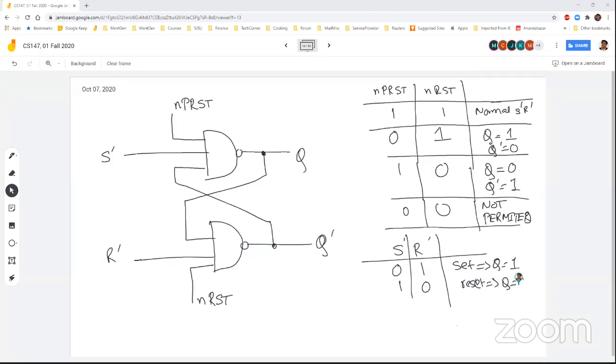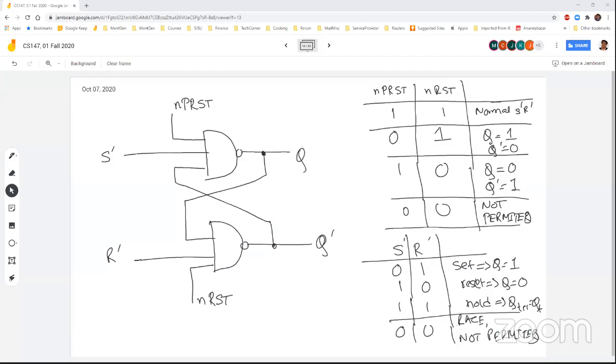This means Q is 0 after this. And 1 1 is a hold condition, meaning Q(t+1) equals Q(t), hold condition. And of course, there is a not permitted combination, which is 0 0.